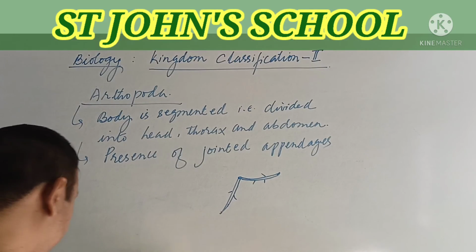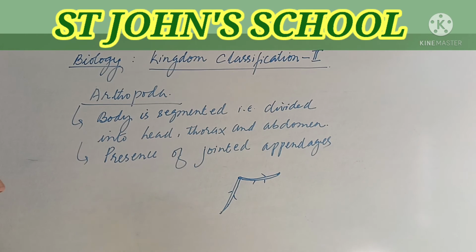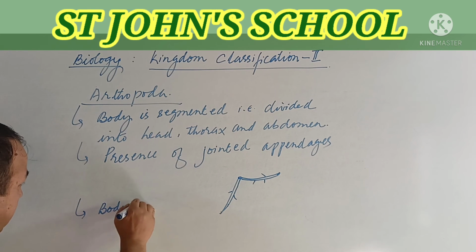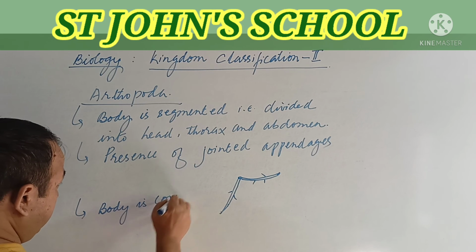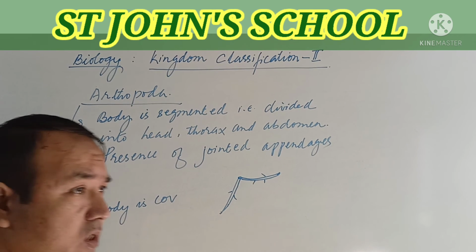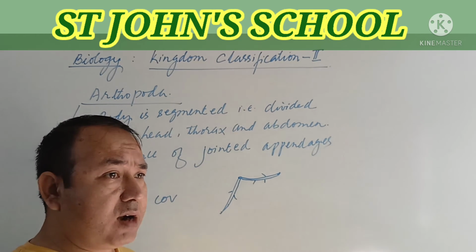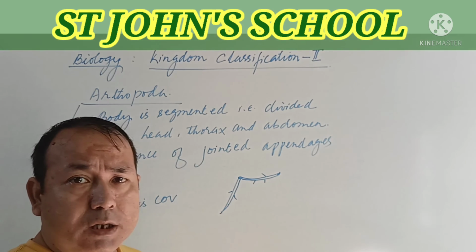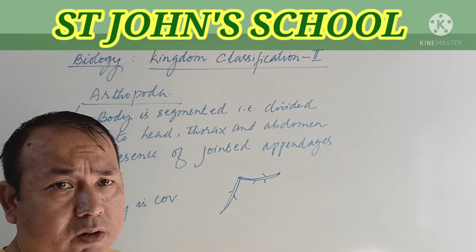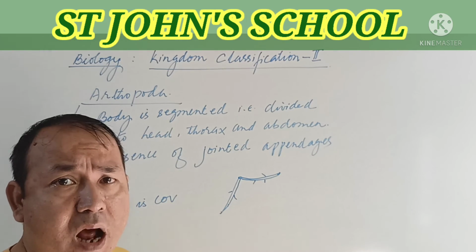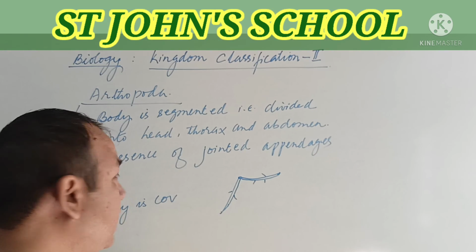Then again after that, the body is protected by a hard cover called exoskeleton, which is usually made up of chitin. Endoskeleton means the hard structure present inside the body, that is bone and all. And the hard structure which is present outside the body is called exoskeleton.